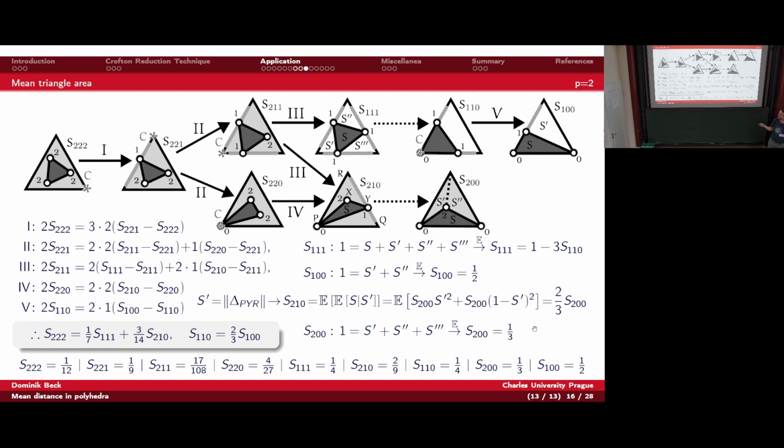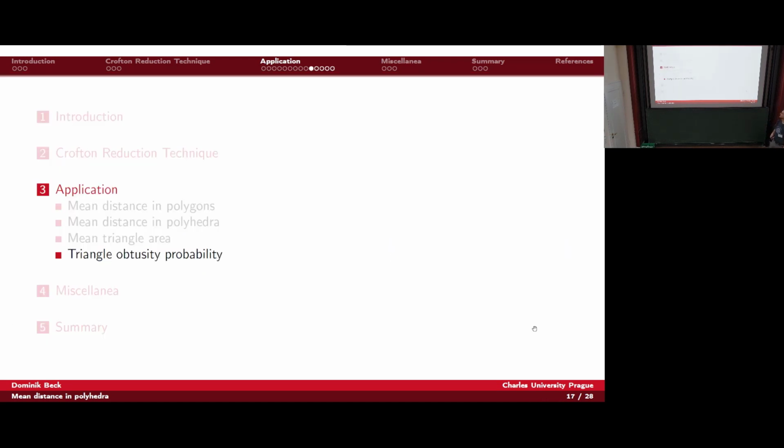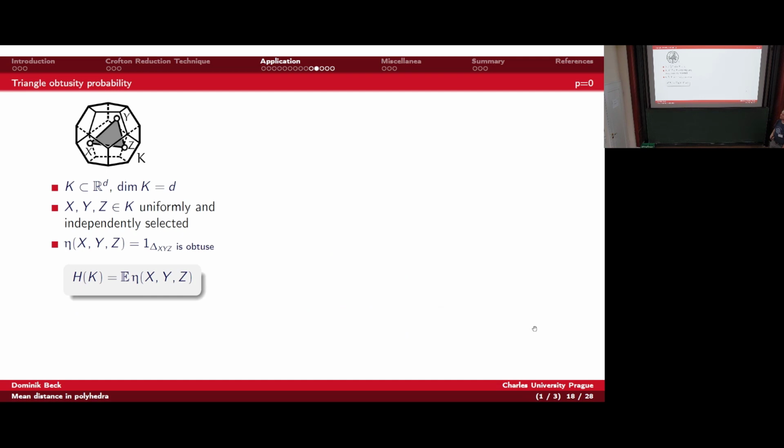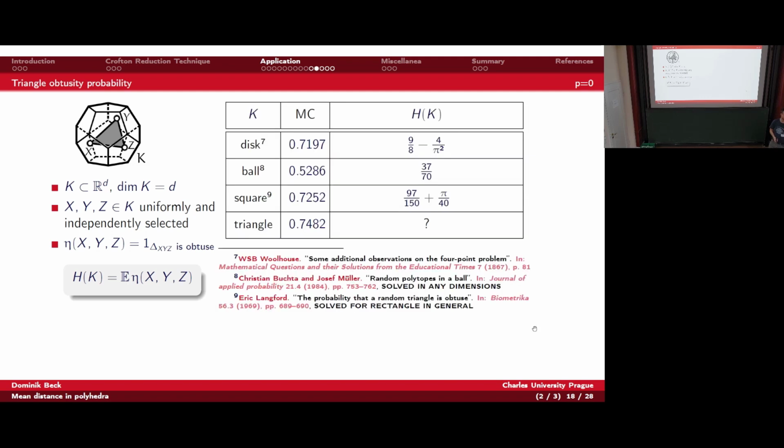And you have already seen this value because 4 times 1/12 is 1/3, which is one of Sylvester's answers you saw earlier. Well, I was also interested in triangle obtusity, but I don't think we have time to discuss that. The probability of a triangle being obtuse is also a homogeneous function, because you can scale the setting and the probability stays the same, so little p is equal to 0.